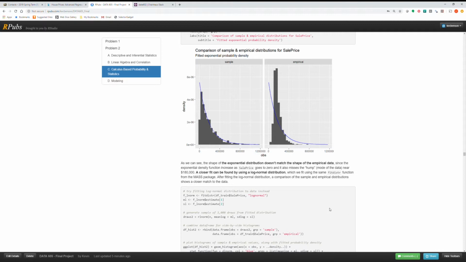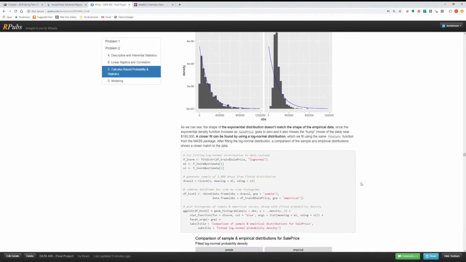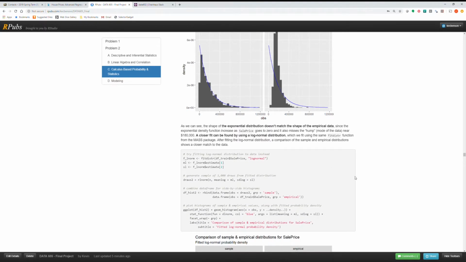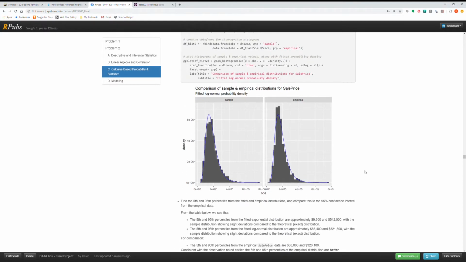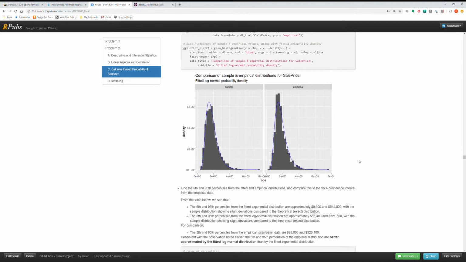So I also investigated looking at a log normal distribution for the sale price using the same fitdistr function from the MASS package. And once we generate the sample distribution and also fit the log normal to the empirical distribution, we see that it fits the data much better. That's what we see in this graphic.